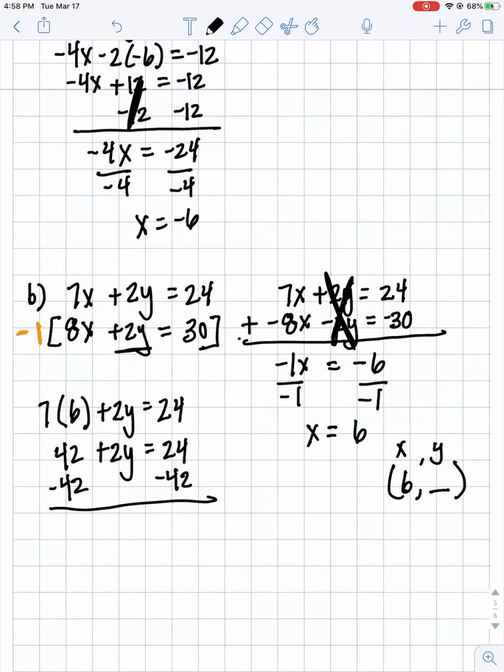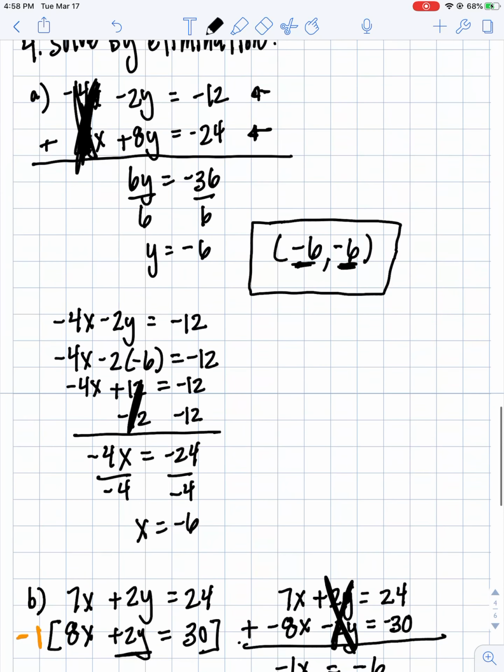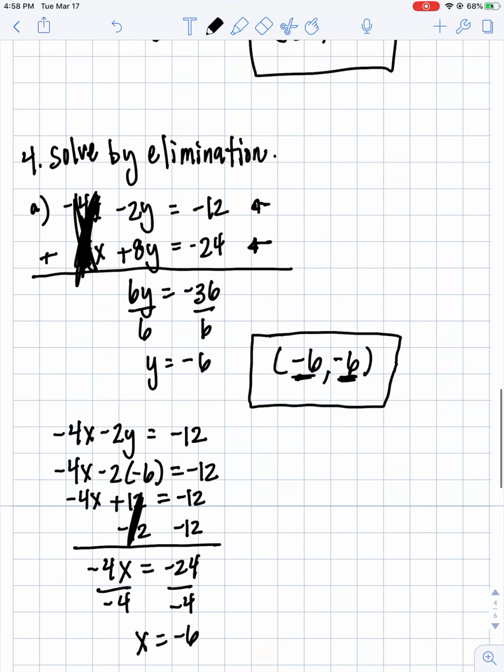Subtract 42 on both sides, gang. 2y is going to equal 24 minus 42, which is negative 18. Divide by 2, y equals negative 9. So go back up to my ordered pair, negative 9.